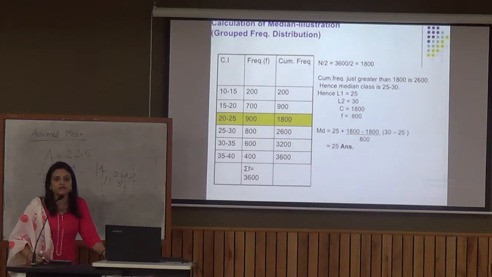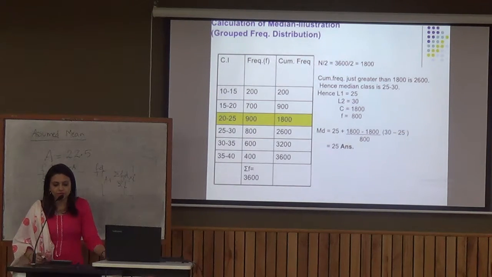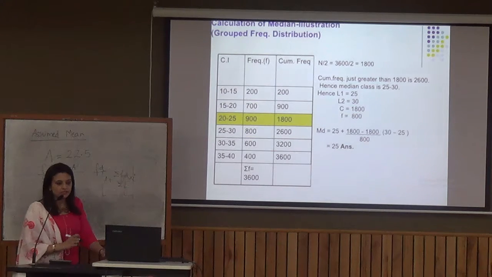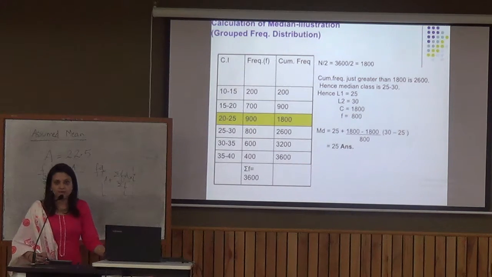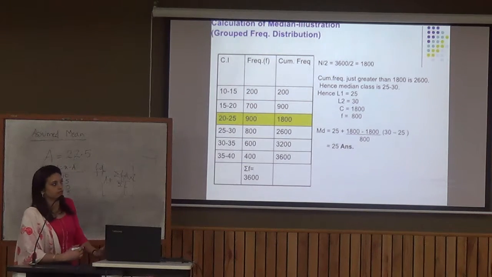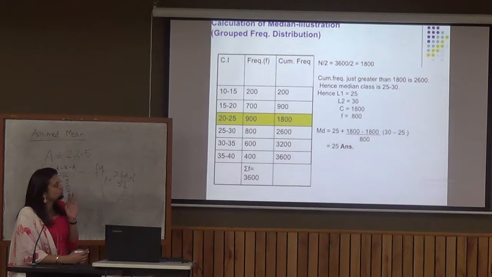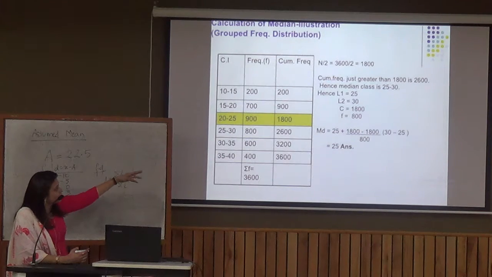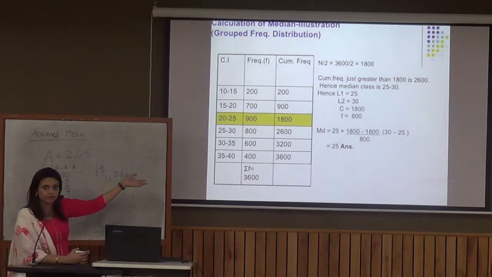Another thing that we're going to do is the median. For the median, you have a formula which is L plus n by 2 minus Cf upon F into H. For that, you should know the method to find out cumulative frequency. As you can see here, we first find out the total value of the frequency. The total value of frequency here is 3600, divided by 2, and you get 1800. Now, we see if 1800 is actually a cumulative frequency value for us.